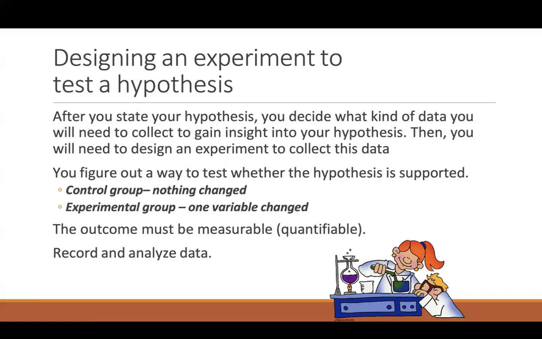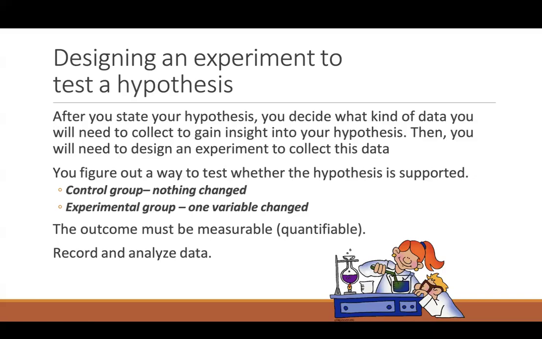So if you were designing an experiment to test the effect of, let's say maybe you're going to test the varying intensities of light on the growth of a plant. Okay. So you are going to have at least one control group.